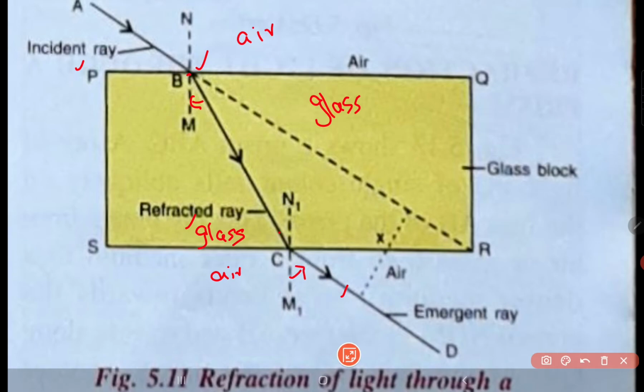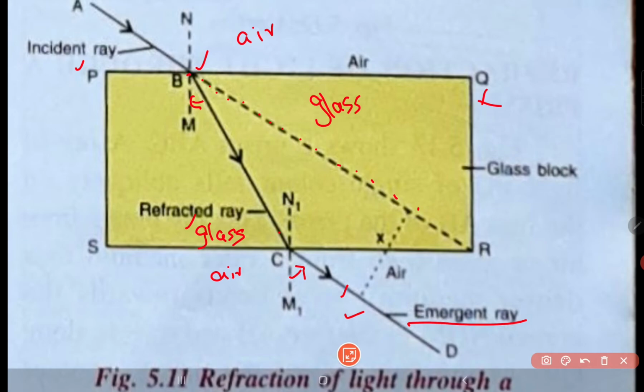Now this ray, the third ray here, is known as the emergent ray. Suppose the glass slab was not there, so under that condition the light would have gone straight. Now because of the glass slab, the emergent ray is being produced.